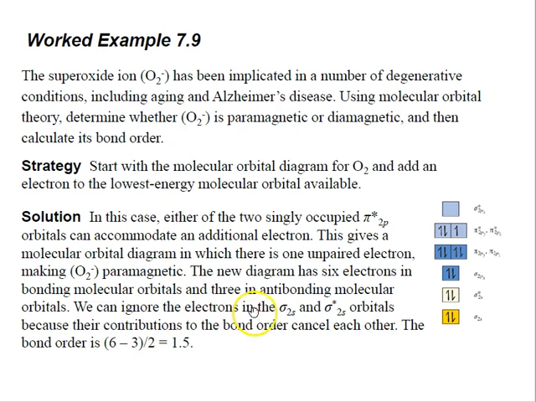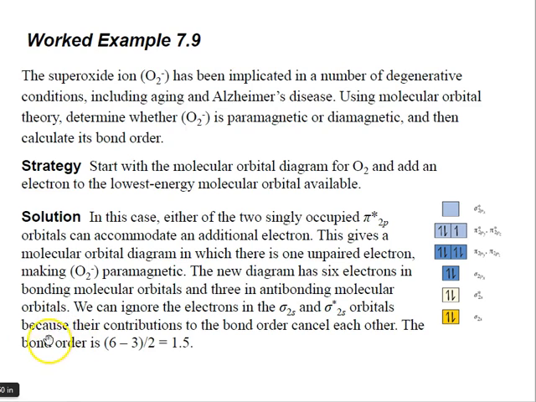We'll ignore the electrons in the sigma 2s and the sigma star 2s orbitals because their contributions to the bond order cancel each other, which are these two here. Okay.